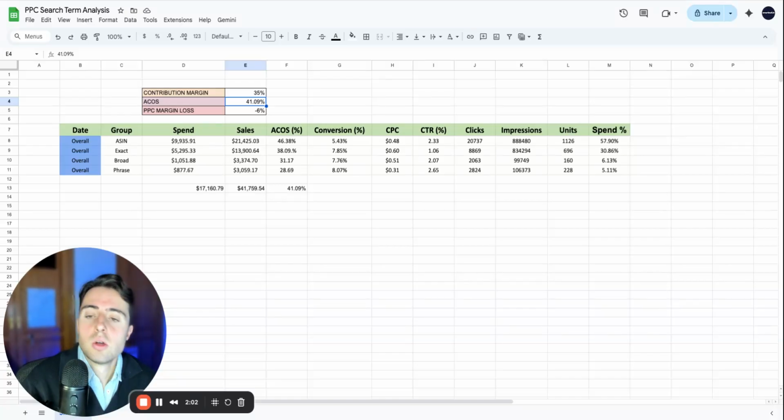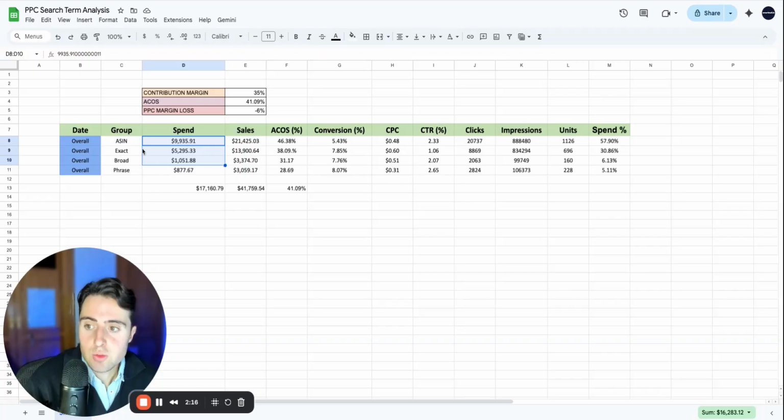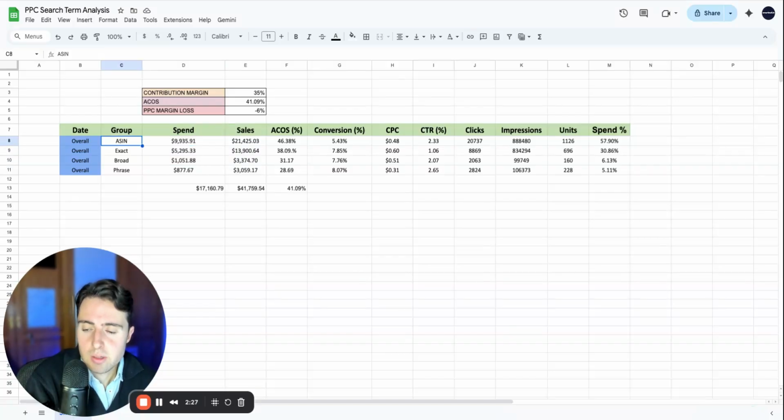You probably know where it is. If you don't know, we can do a smartpool.io Amazon ad scan for you, and we analyze the PPC system for you. And one of the things we get is basically how the spend is grouped by ASIN, exact, broad, or phrase. And if you guys are noticing here, I want to make a point today on the ASIN targeting.